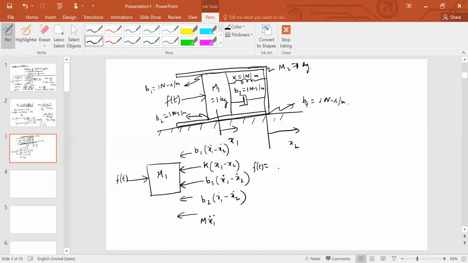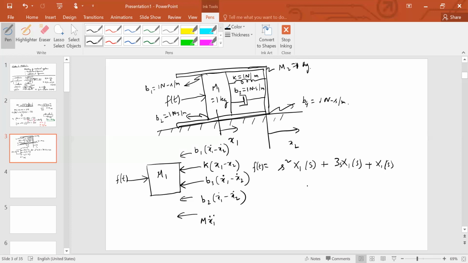Okay, so this just becomes s squared x1 s plus, so there are 3 coefficients there, b1, b3 and b2, right? So that is 3s times x1 s, and there's one spring here involved with it, so that is x1 s.